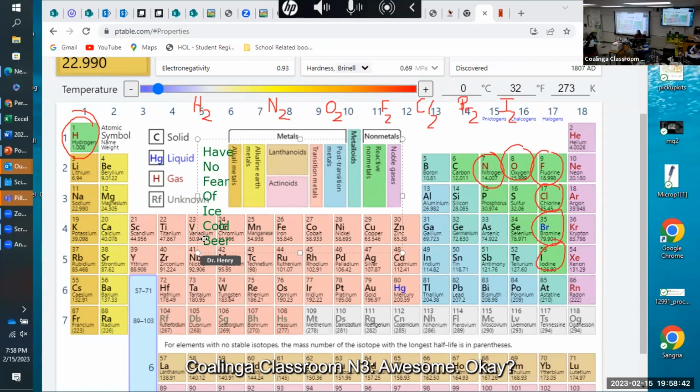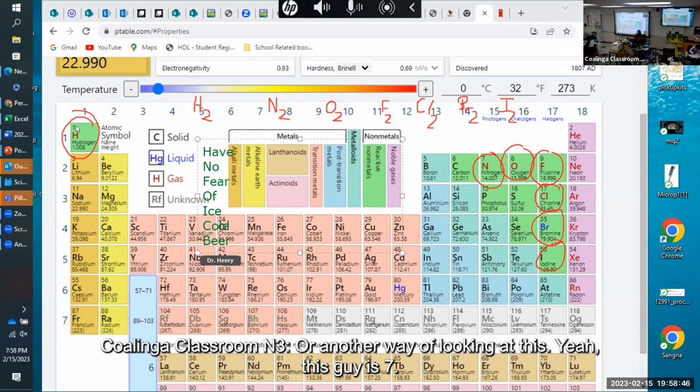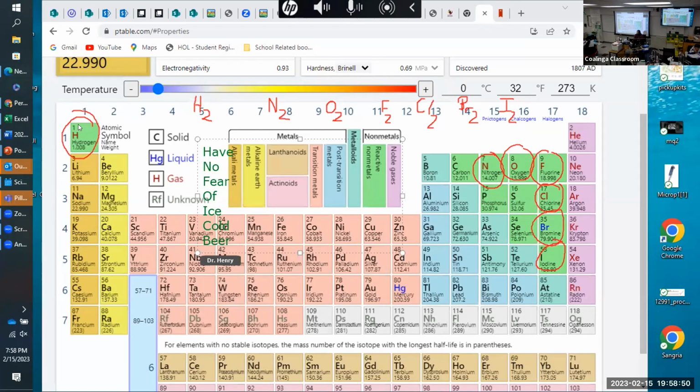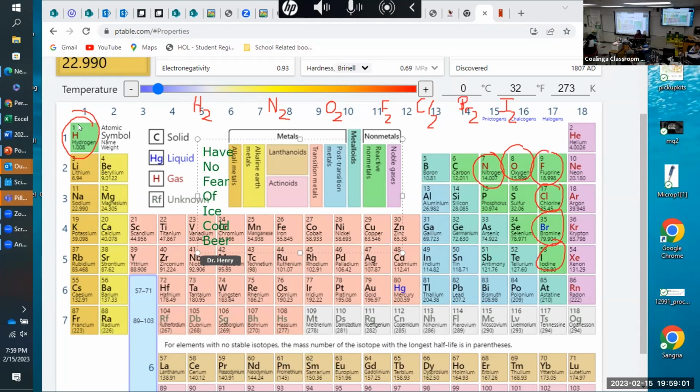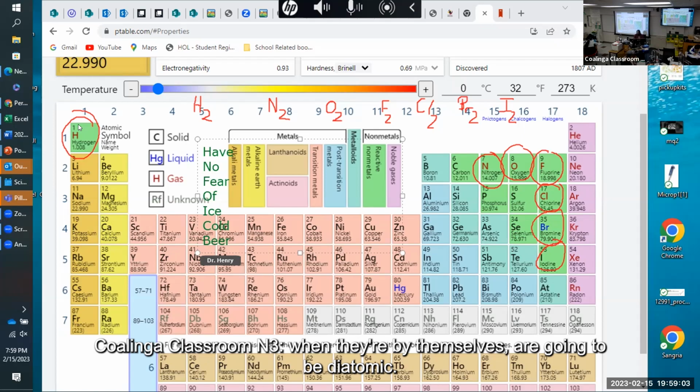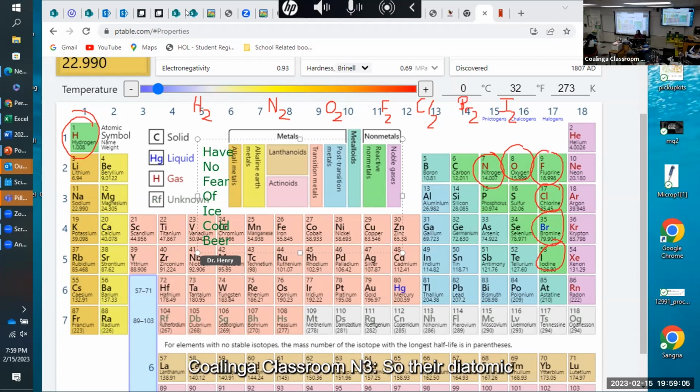All 7. Or another way of looking at it is you have this guy that makes a 7, plus the hydrogen. So it's important for us to know that these molecules, when they're by themselves, are going to be diatomic. So they're diatomic elements.